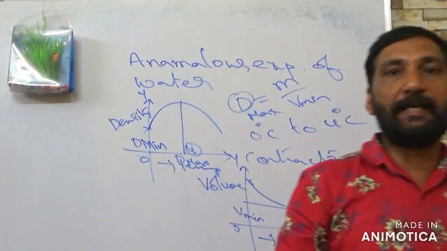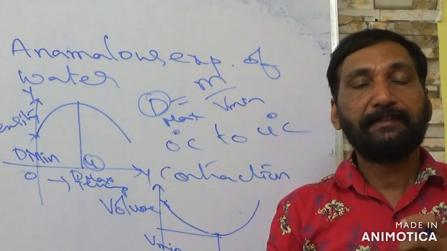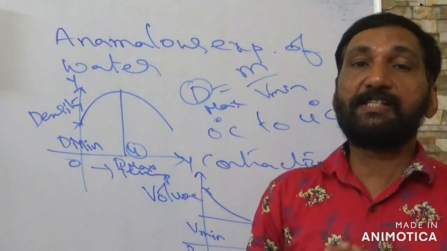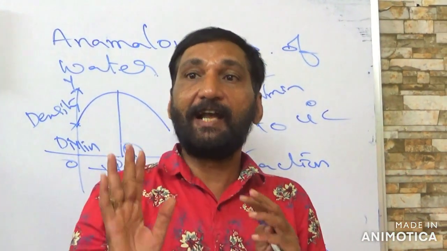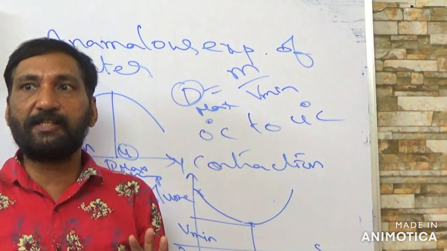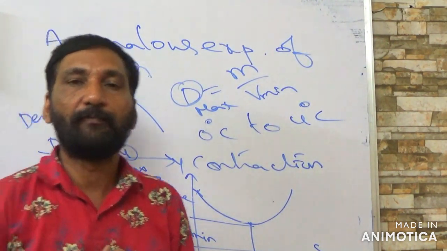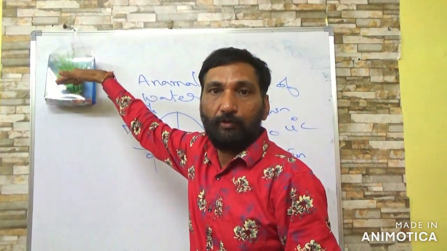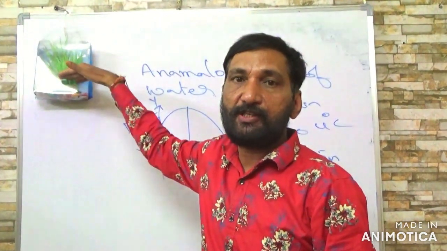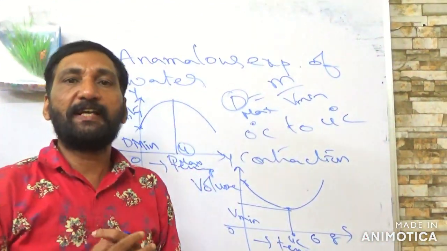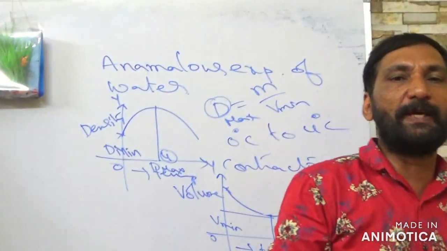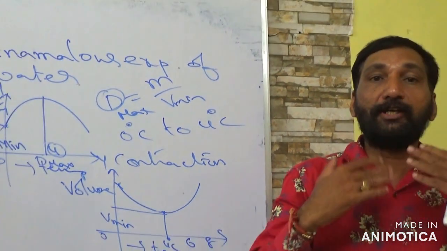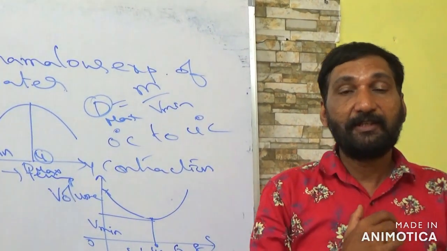So it is a boon to aquatic animals, like fish. In the water, fishes survive even in the winter season. Usually fishes are near the surface of the water. But in winter, the outside temperature is very low, so the density of water increases.